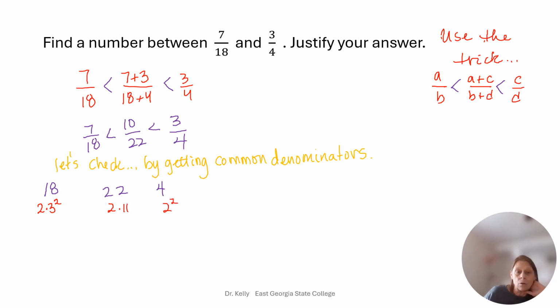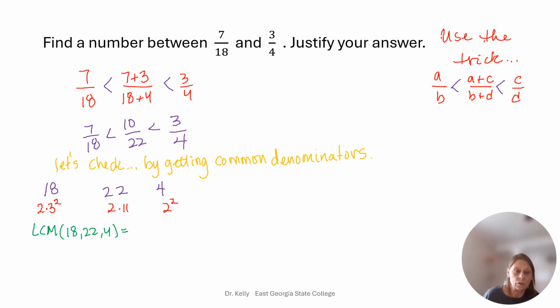Okay? Now, if you recall from last chapter, our least common multiple of 18, 22, and 4 is the highest power of all the primes that are represented in the prime factorization.